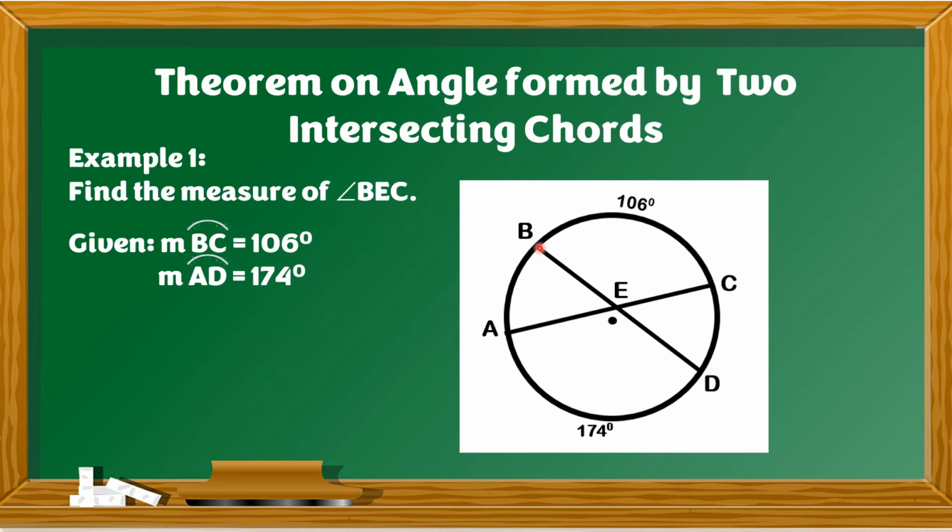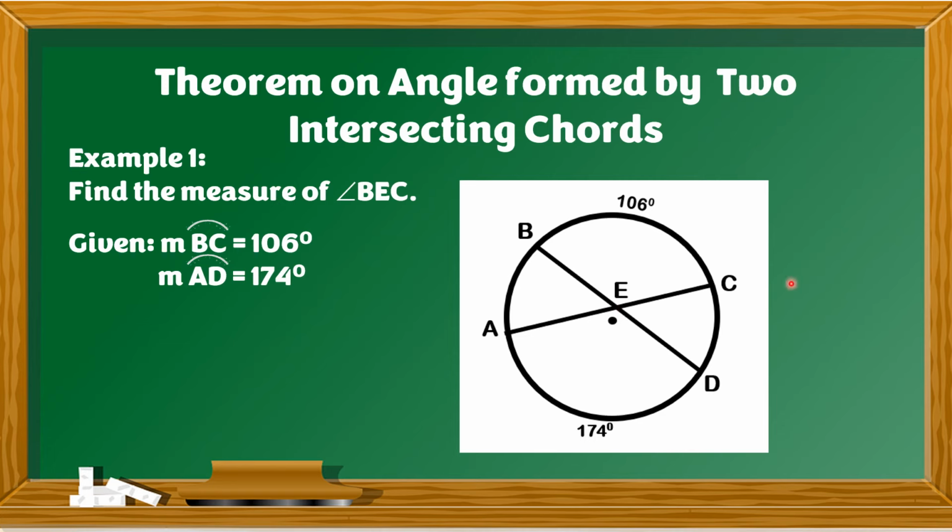Since we were asked to determine the measure of angle BEC, we will consider their intercepted arcs. The intercepted arc of angle BEC is arc BC, and the intercepted arc of angle AED is arc AD.